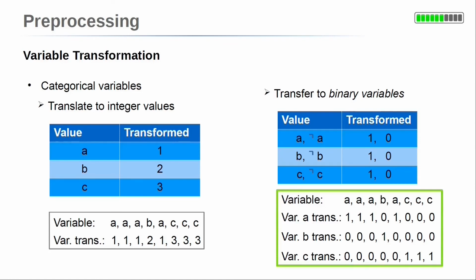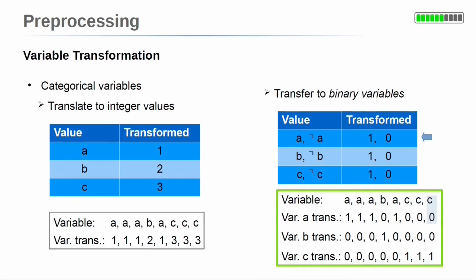Our series A, A, A, B, A, C, C, C leads then to three new series. The first represents A or not A. This gives 1, 1, 1, 0, 1, 0, 0, 0.